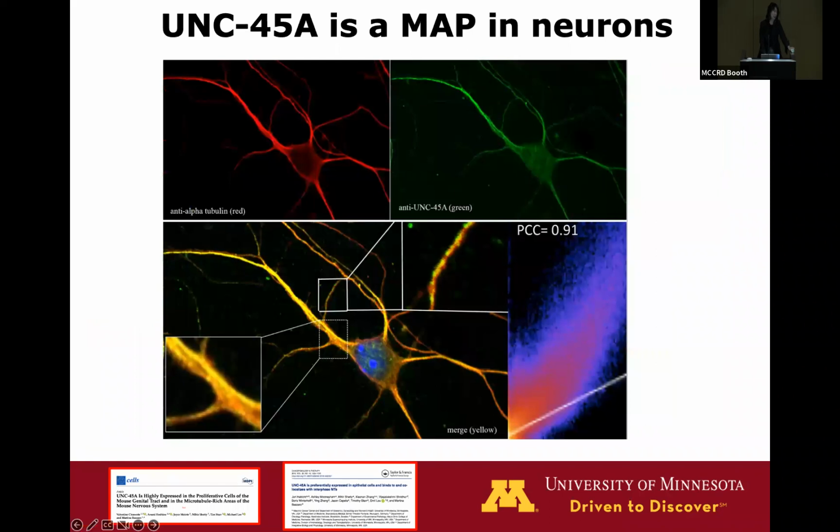Next, we asked the question whether in cells, ANC45 colocalizes with microtubules. So those are primary cortical neurons that we get out of mice. This is endogenous, so we are staining with alpha tubulin top left, ANC45 top right, and then we colocalize them.